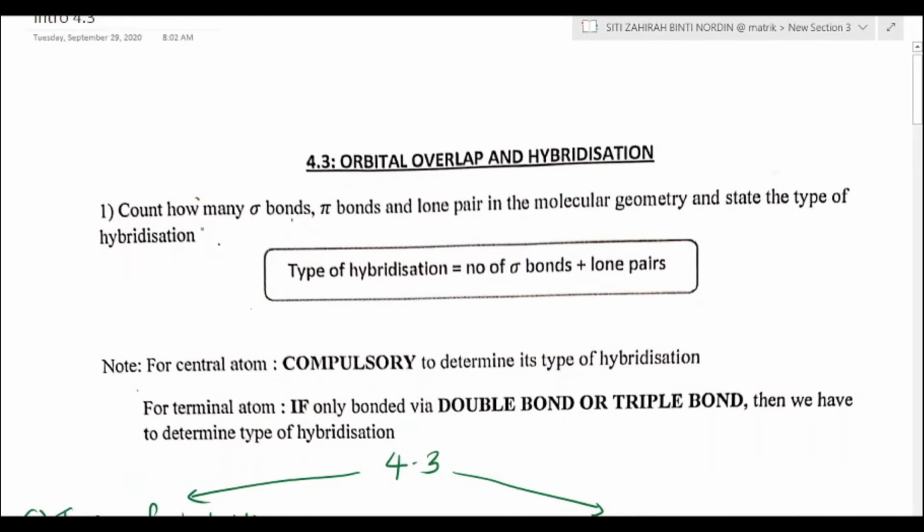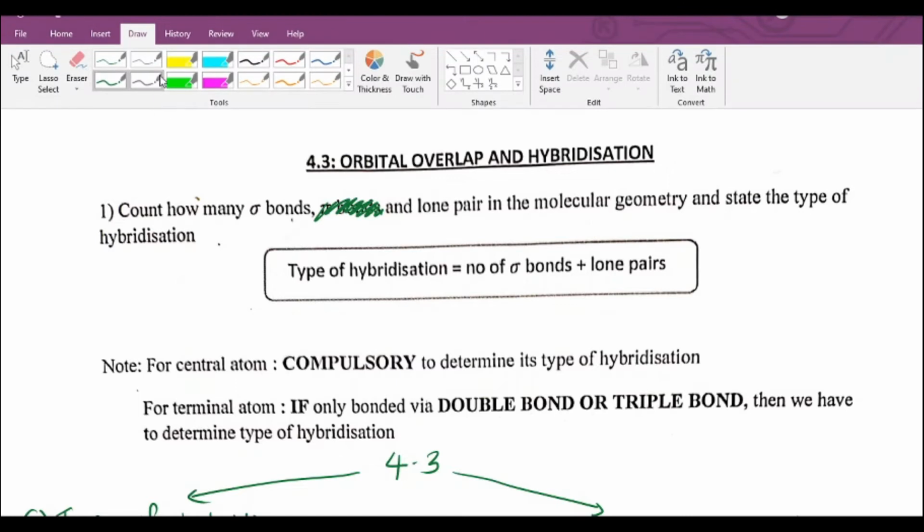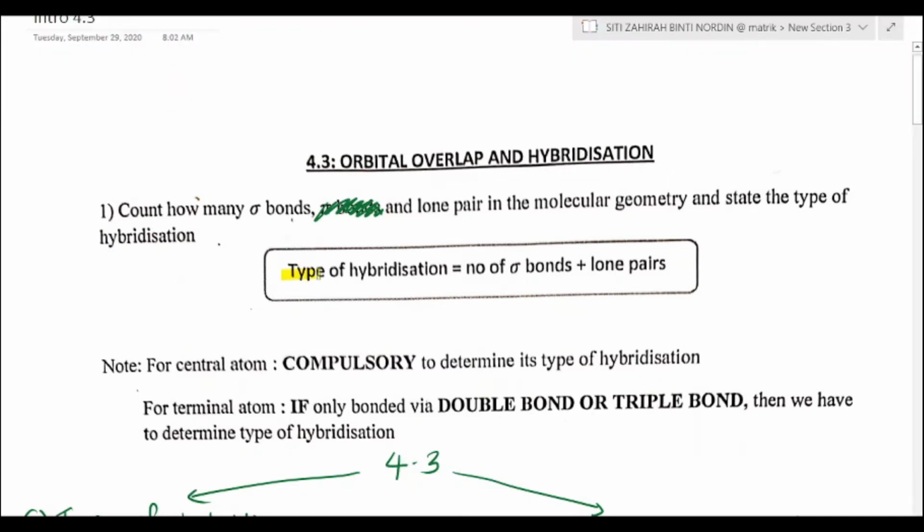You have to count how many sigma bonds. Delete this pi bond. Count the sigma bonds and lone pairs in the molecular geometry to state your type of hybridization. Highlight this formula. To determine the type of hybridization, you have to calculate the total number of sigma bonds and lone pairs.